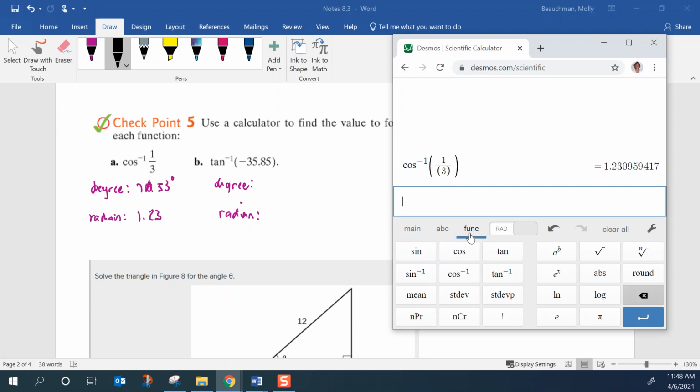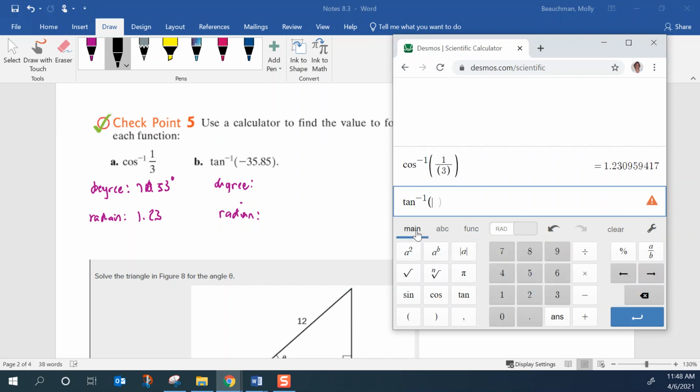is in functions, or it's usually the second function, and then hit tangent: negative 35.85. So if I'm in radians, I get negative 1.54.